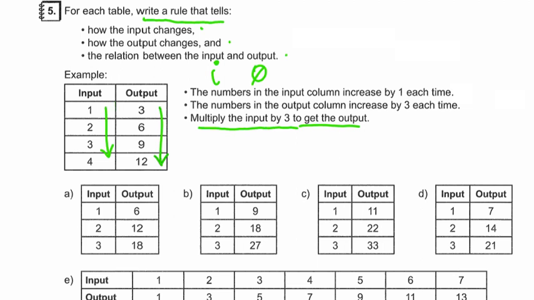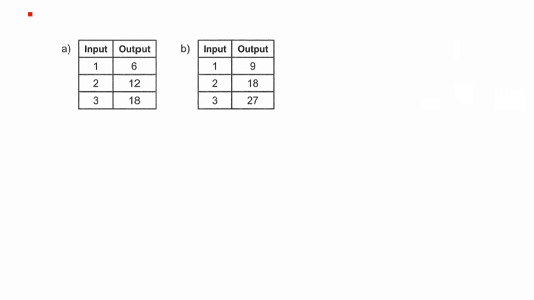So let's look at each of these. This is page 92 and numbers 5, A and B. So we're supposed to describe how the input is changing, how the output is changing, and what's the relationship between the input and the output. So first we can see that the input is increasing by 1 each time.